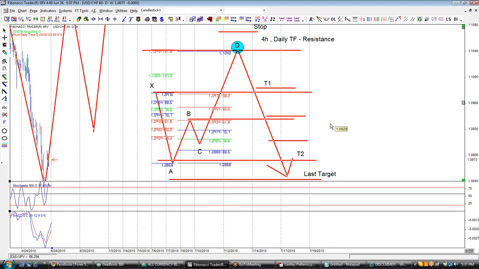Here, if you calculate those targets, even if you're losing 7 or 8, and it is impossible to lose 7 or 8 crabs because the probability of this pattern is about 80 to 90%.